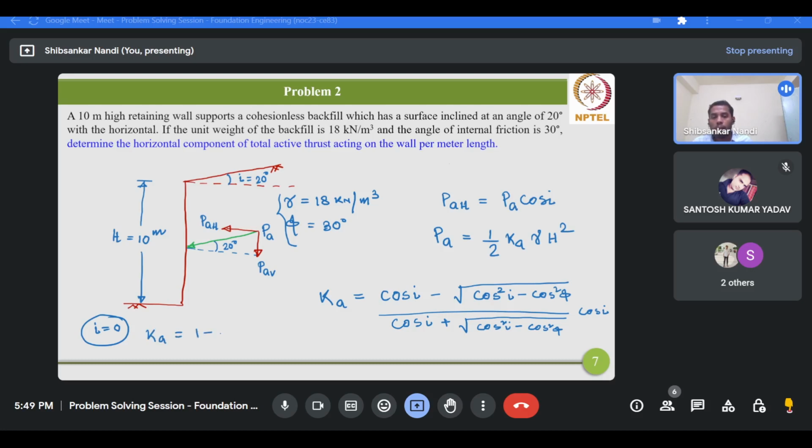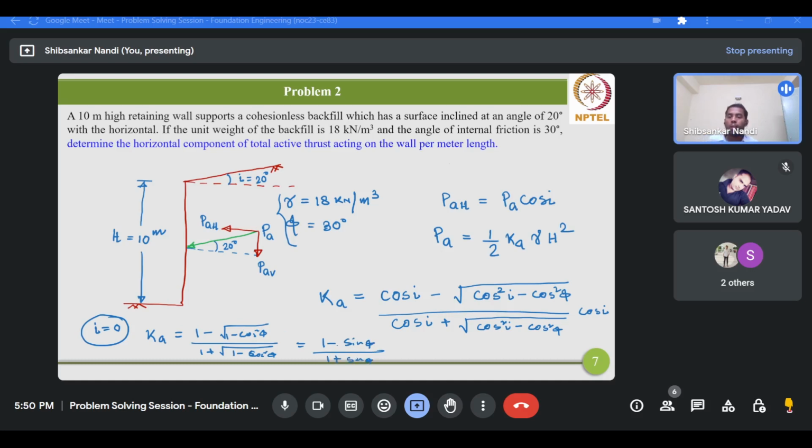This will be 1 minus root under 1 minus cos square phi multiplied by cos 0, which is also 1, divided by 1 plus the same. Now 1 minus cos square phi is nothing but sin square phi, and root under sin square phi is sin phi. So 1 minus sin phi divided by, similarly, 1 plus sin phi.